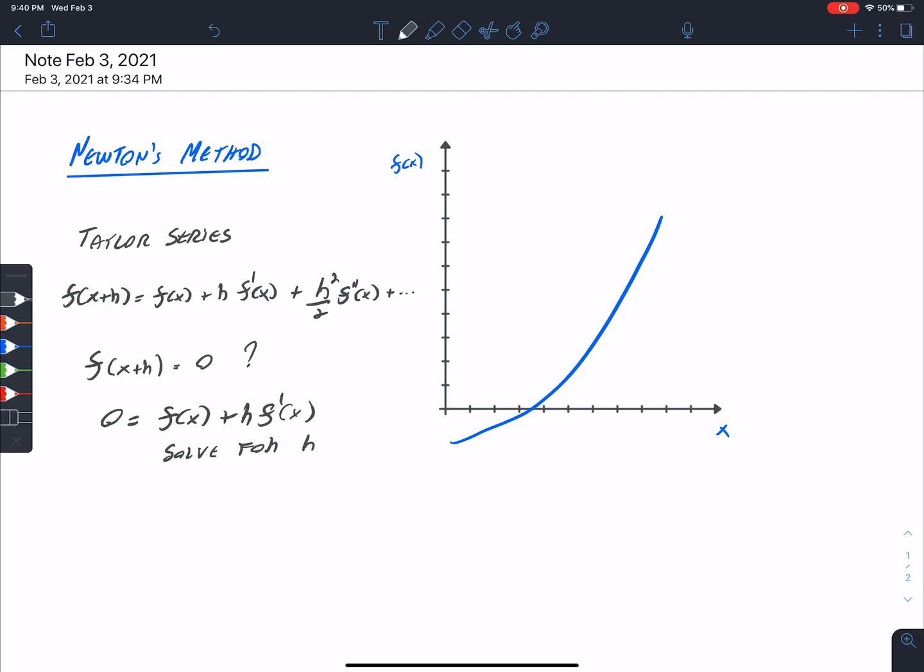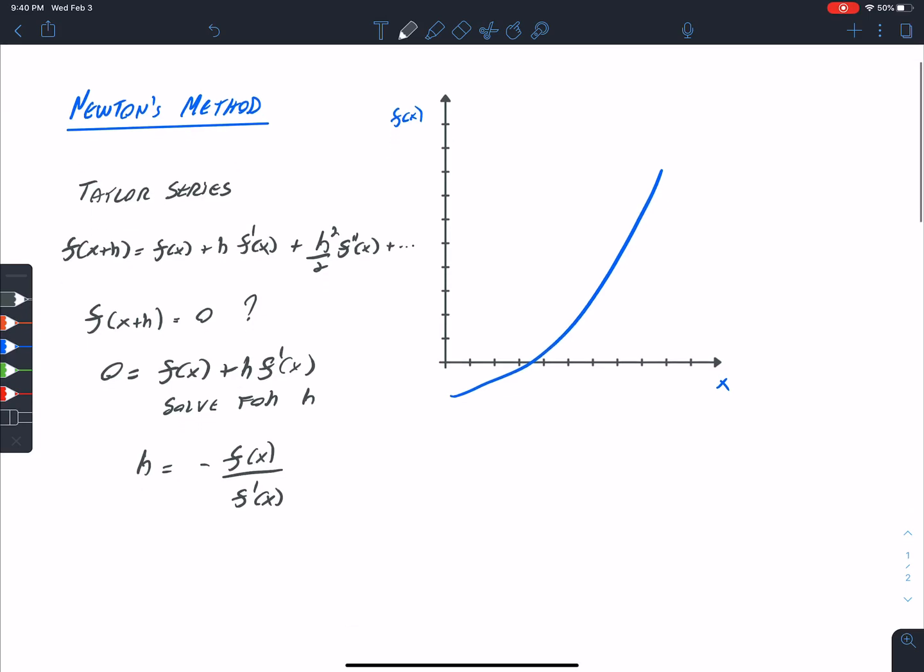So we subtract f of x from both sides and divide by f prime of x. Really simple. So our value of h will be minus f of x divided by f prime of x.